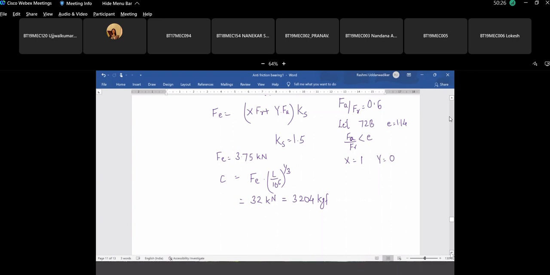Which ball bearing? 3650. And for this 3650, this is which bearing? 7211B. What is the shaft diameter here?